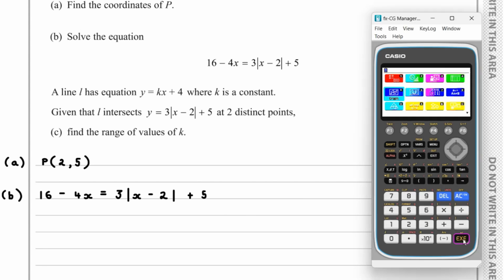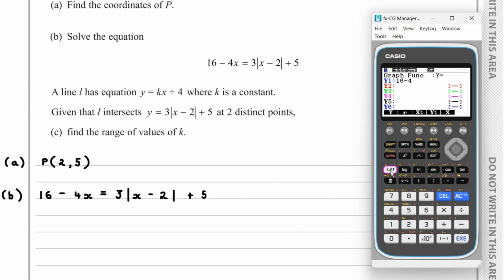If we go to the graphing submenu and graph 16 subtract 4x, and if we also graph 3 multiplied by the modulus of x subtract 2 plus 5, we see the result shown here.